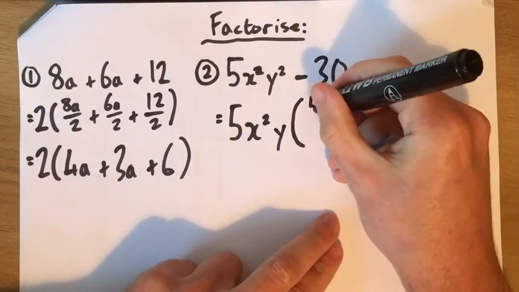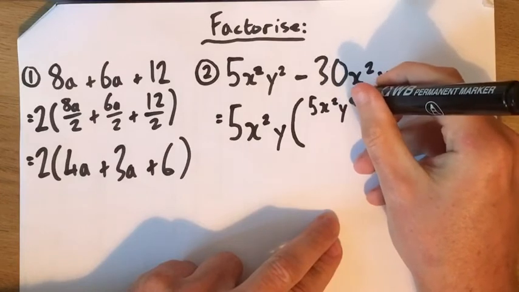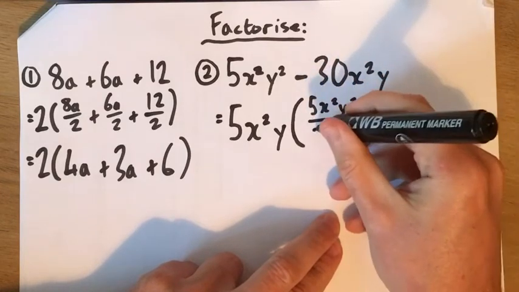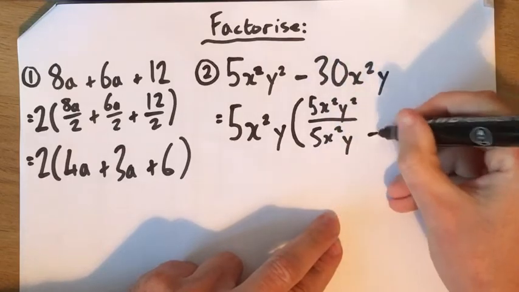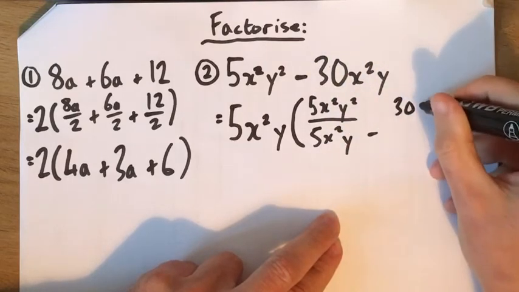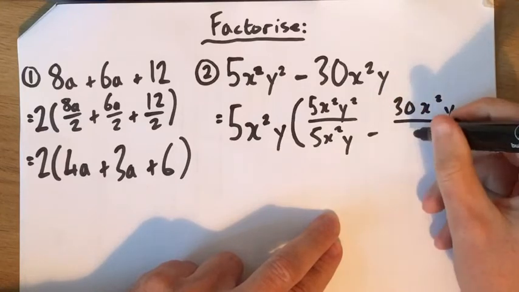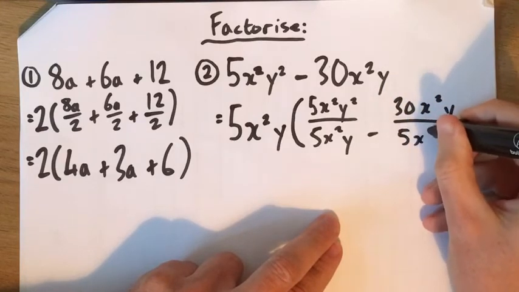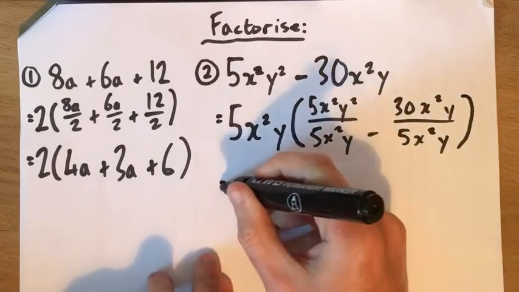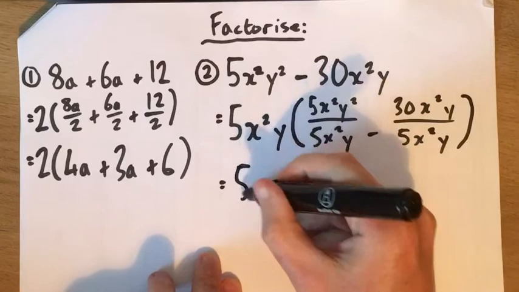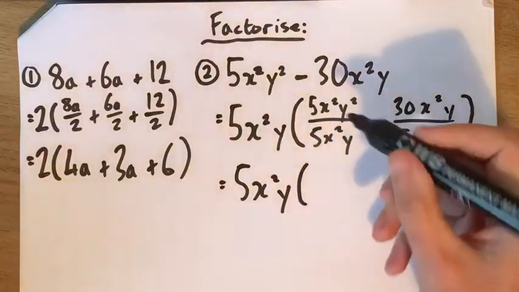So you're going to have 5x squared y squared divided by 5x squared y minus 30x squared y divided by 5x squared y. This is equal to, again, you just have your 5x squared y outside the bracket.